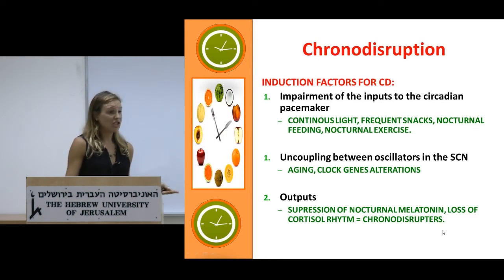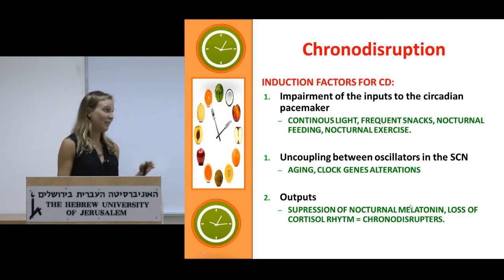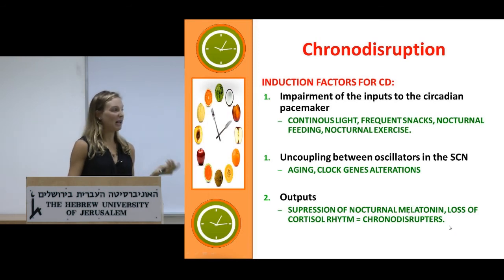This can be caused by aging, where our clock genes don't work the same way. And also outputs, for example, hormonal suppression of nocturnal melatonin or the loss of cortisol rhythm. All of them will be chronodisruptors.